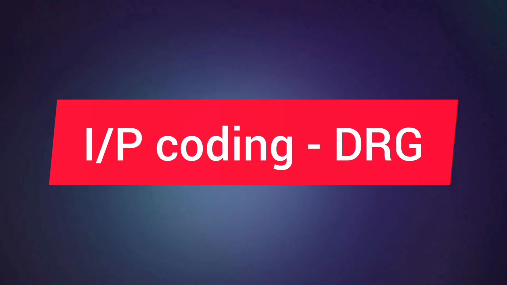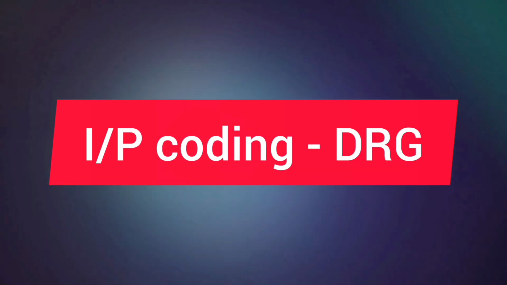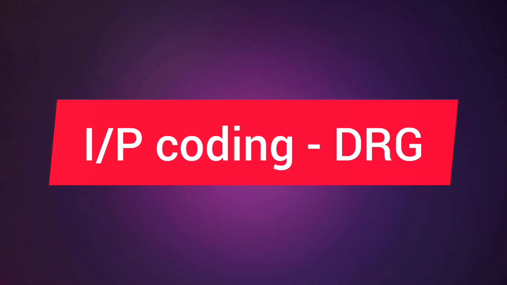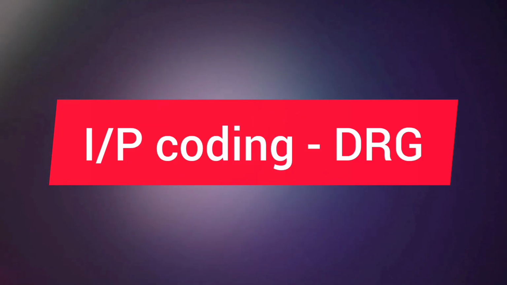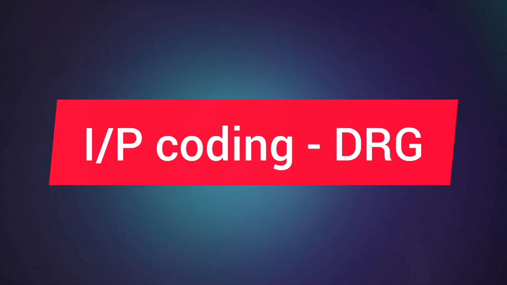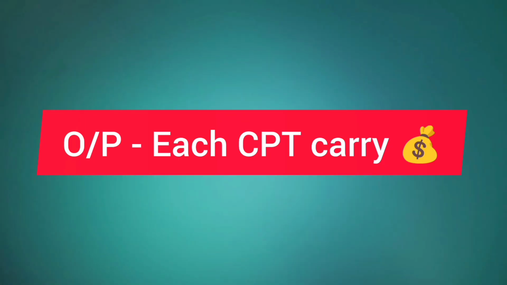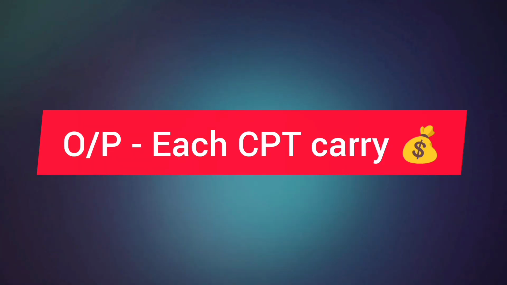But in inpatient we are having a particular system called DRG, that is diagnosis related grouping. It is a payment system for inpatient coding. So in outpatient coding, the procedure to procedure payment, each CPT will carry the cost.